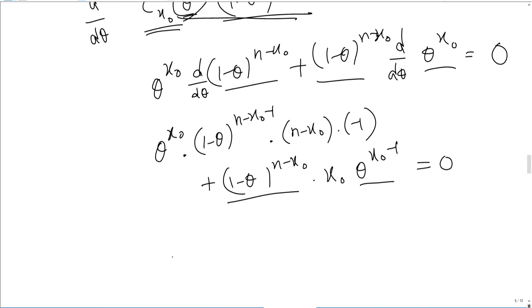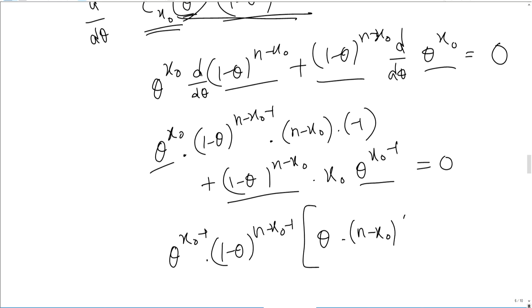Okay. So, actually you can take out these common quantities. I am taking out whatever is common in both these quantities: theta to the power x naught minus 1 into 1 minus theta to the power n minus x naught minus 1. What would be left inside is theta into n minus x naught into minus 1, plus 1 minus theta into x naught, and this equals 0.